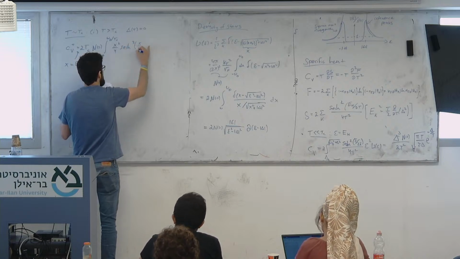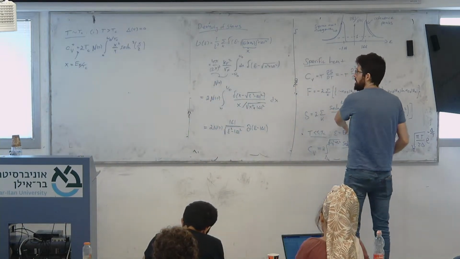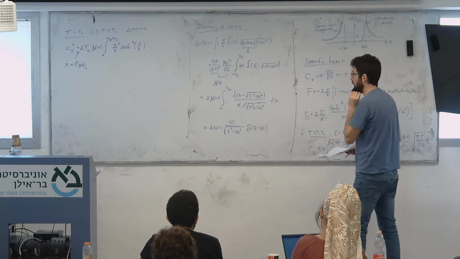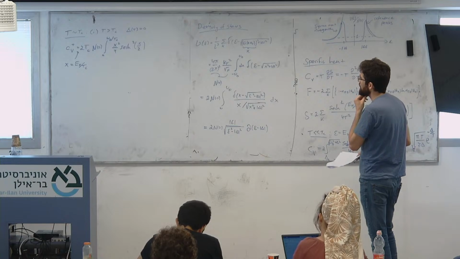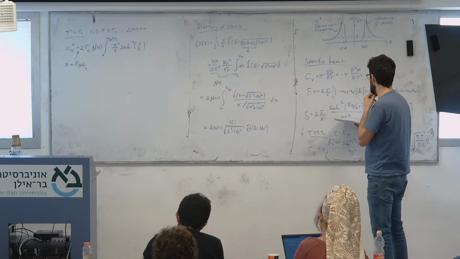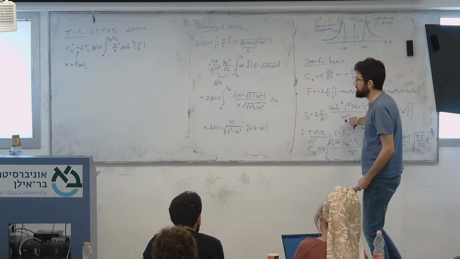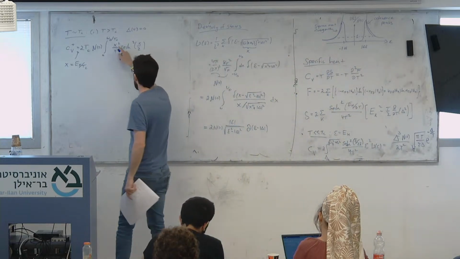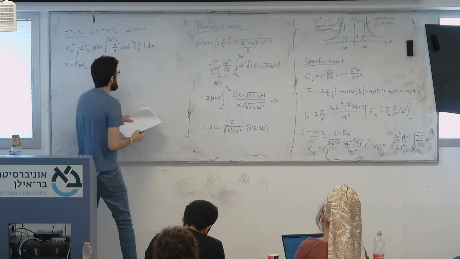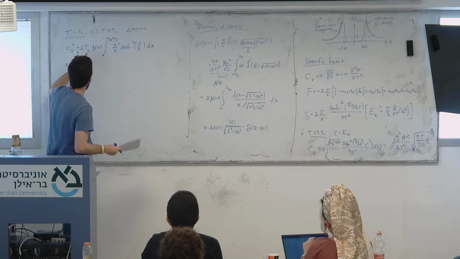Sec squared of x over 2. Okay, so this is just this. This is this. Where do we get? So we have a t squared here, but this t squared with this t squared together gives this x squared, and then we have a dx, but to give dx units of energy we have this dc.